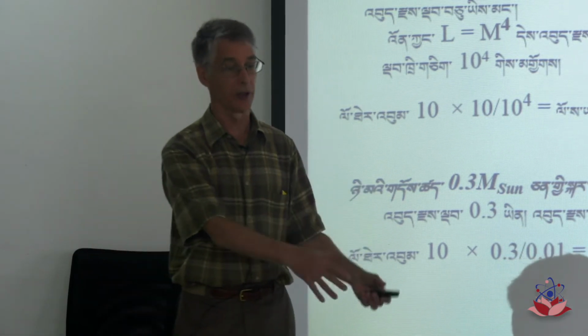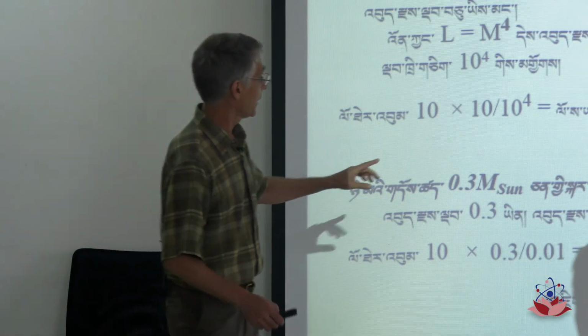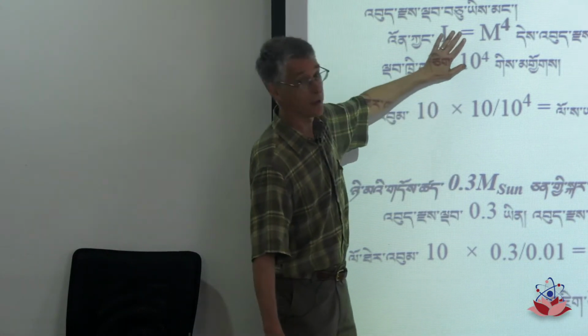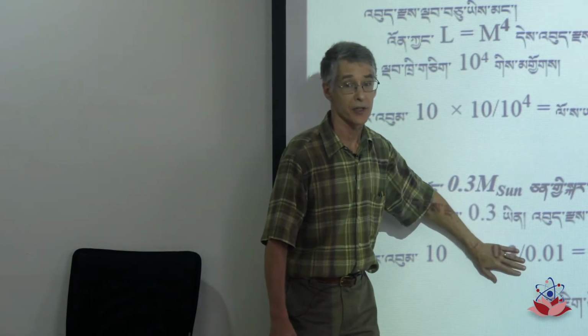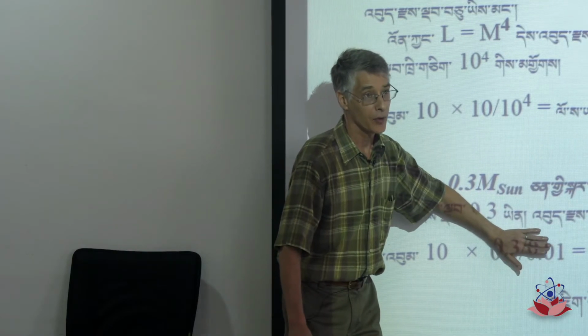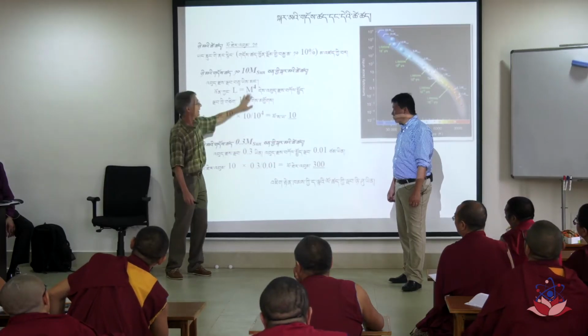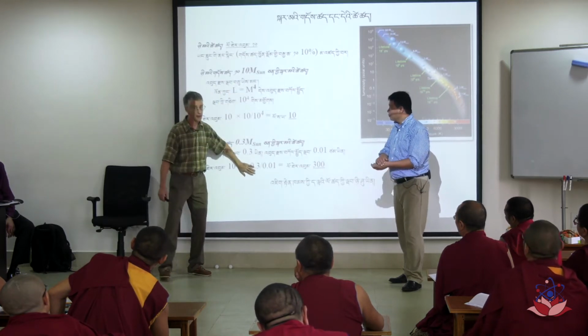So yes, the little log will go out first. The difference is that the inside temperature of this star is much, much higher than the inside temperature of this star. So this is like having a very cool flame, and this is like having a very hot fire. So this burns much faster than this.